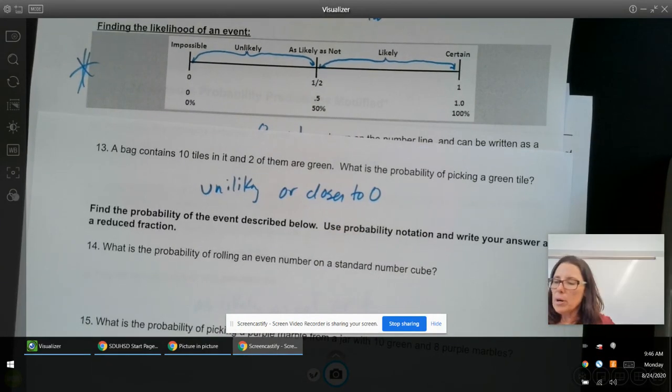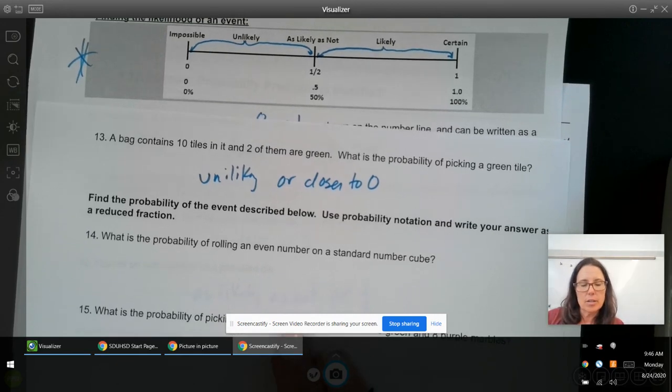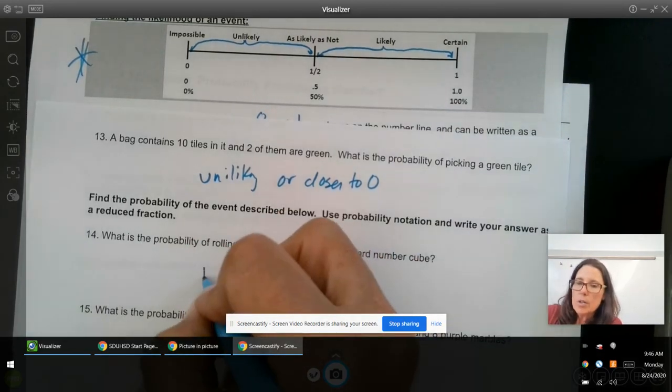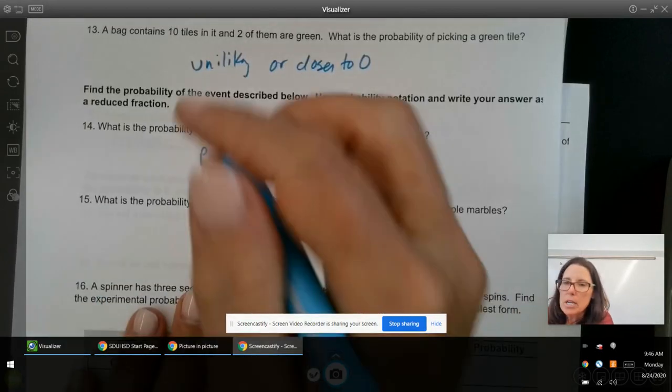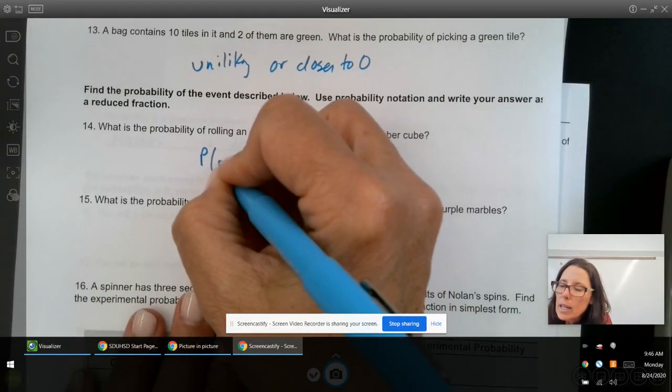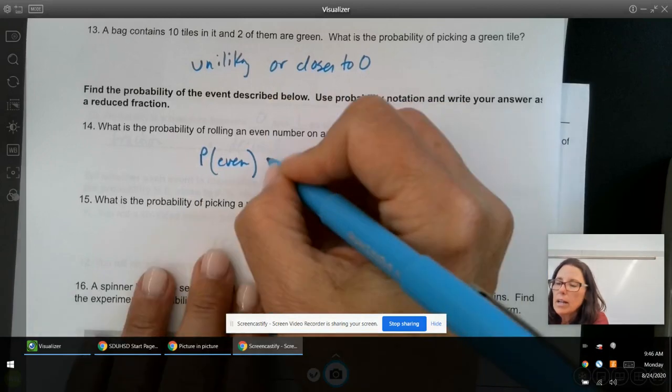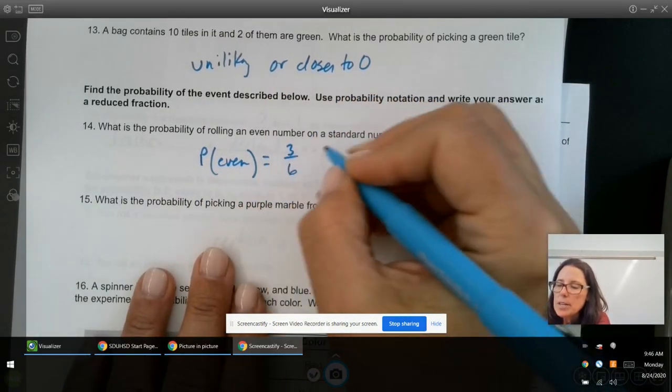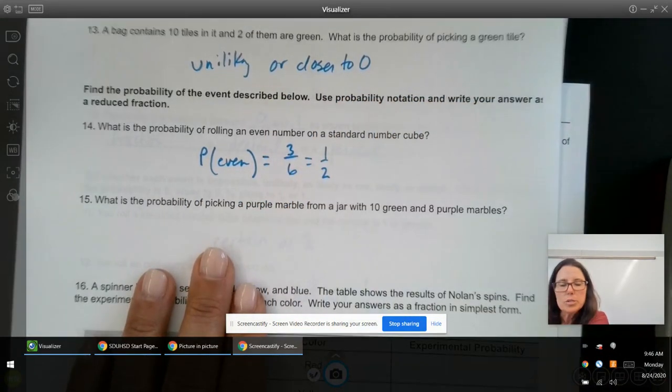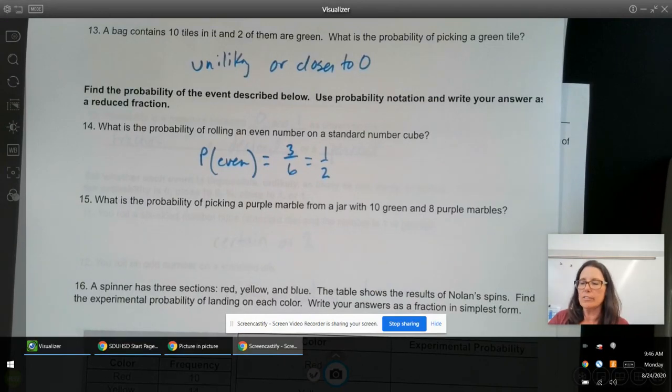Find the probability of an event described below. Use probability notation. Remember that's P with parentheses around what you're finding, and write your answer as a reduced fraction. What is the probability of rolling an even number on a standard cube? Here is my probability notation. That would be 3 chances out of 6, reduced as a fraction to 1/2.